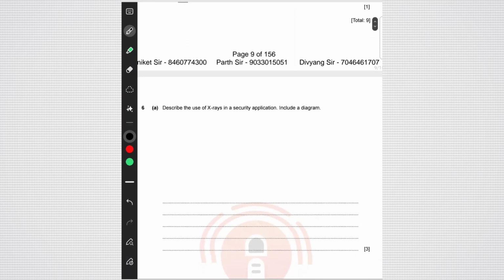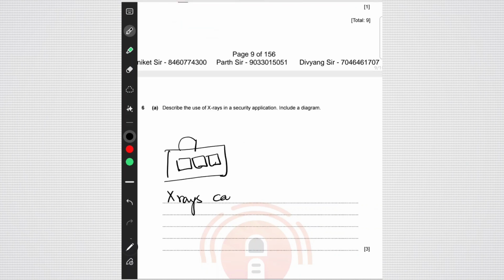Describe use of X-ray in security implication. Include a diagram. So let's draw a small suitcase inside which there can be a lot of things. Let's draw small boxes, right?